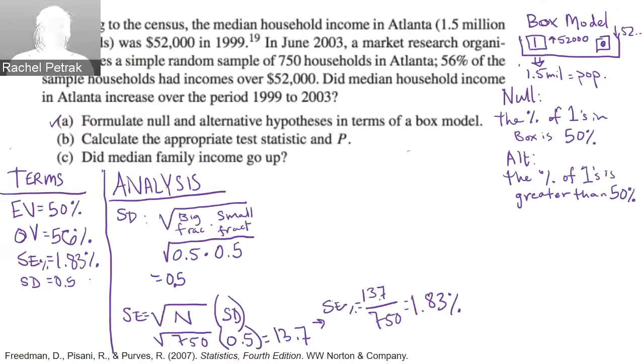So Z equals observed minus expected over the standard error. The observed is 56. The expected is 50.